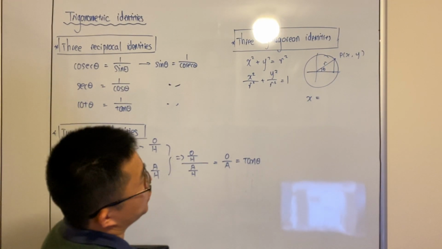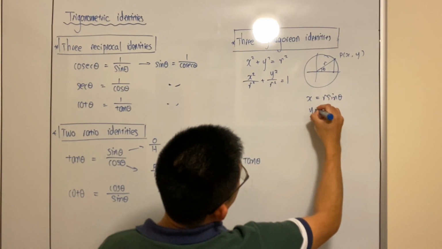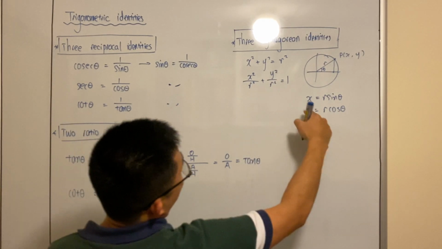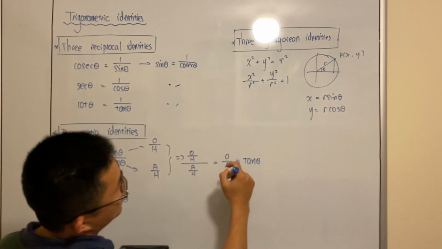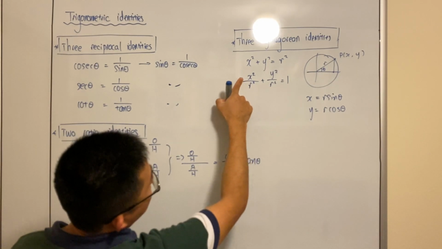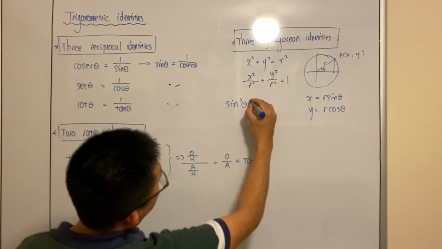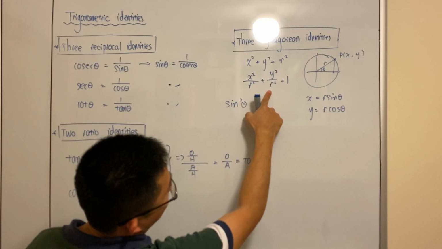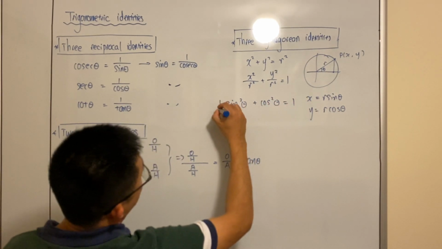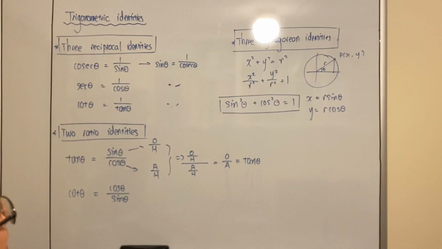So x is equal to r sine theta, y is equal to r cos theta. Then what I can do is rearrange this. x squared over r squared is going to be sine squared theta, and y squared over r squared is equal to cos squared theta. And that is equal to 1. All right, so that's the first Pythagorean identity.